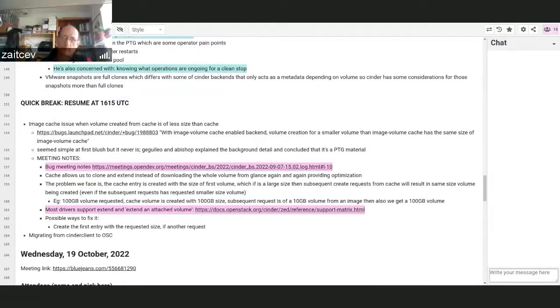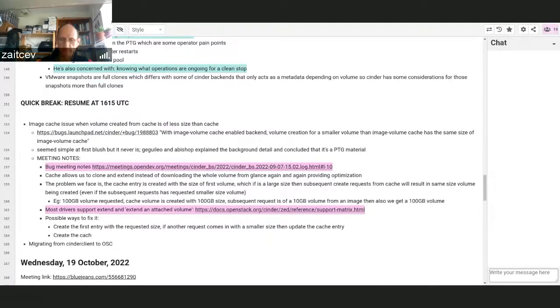Okay. All right. So I have a question about the original scheme. Eric didn't pipe up, but suppose you described it fairly. We have cache entries that correspond to the size, and maybe have multiple of them created from the same image. So in that case, why are we doing this if extension is possible?